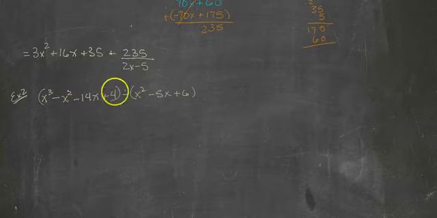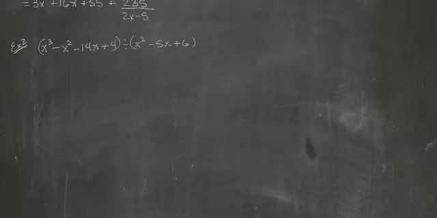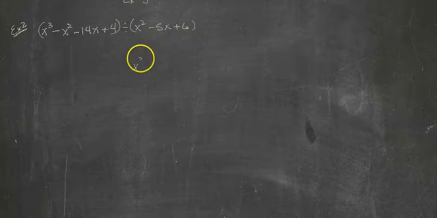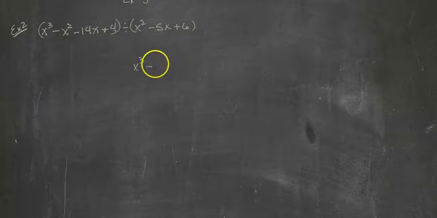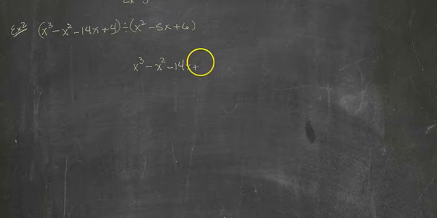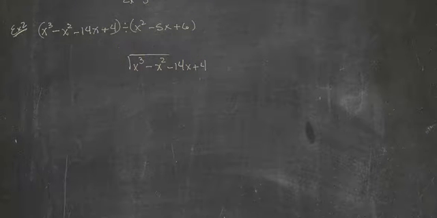All right, so this time our divisor has a higher degree than last time, and we have 3 terms. So we're going to follow the same set of rules. I'm going to write x cubed. I'm going to make sure I have a 3, 2, 1, 0 power on x. So x cubed minus x squared minus 14x plus 4 divided by x squared minus 5x plus 6.